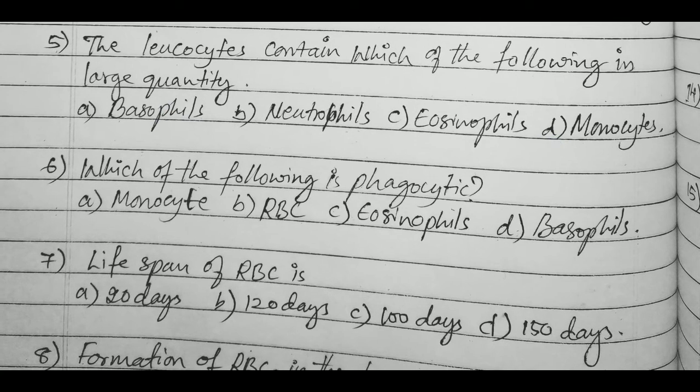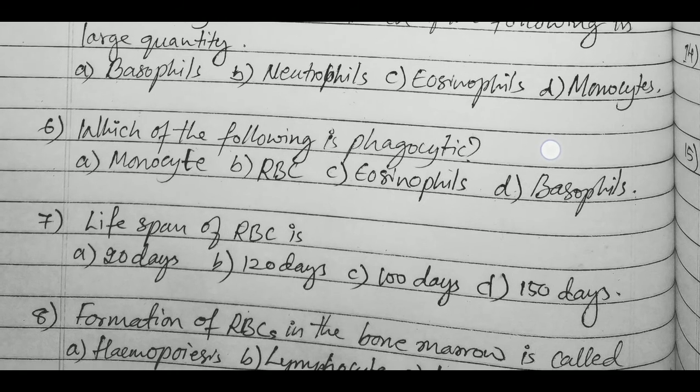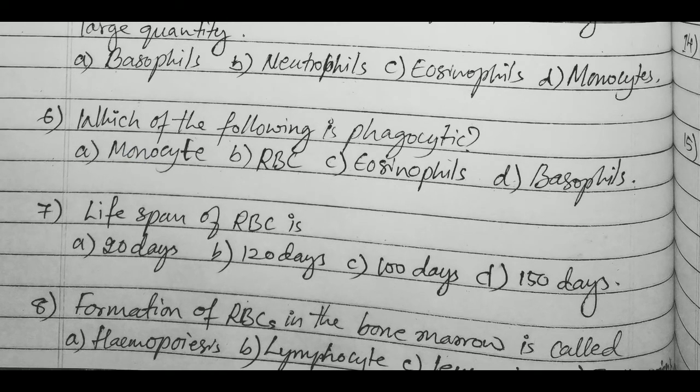Then, which of the following is phagocytic in nature? The word phagocytic means a cell engulfing another cell, or a cell capable of engulfing certain particulate matter. The options are monocytes, RBC, eosinophils and basophils. Generally, WBC are divided into granulocytes and agranulocytes.